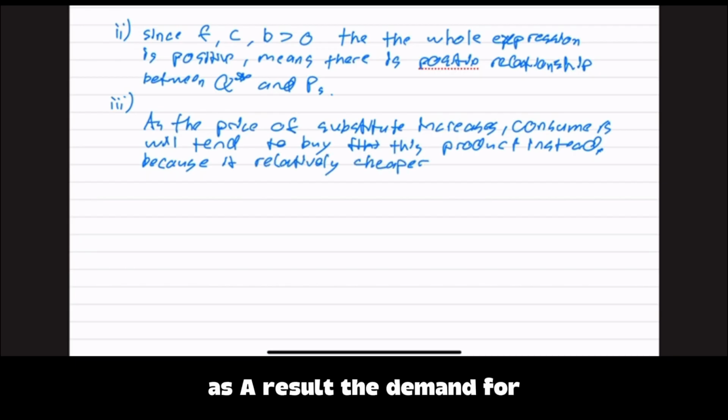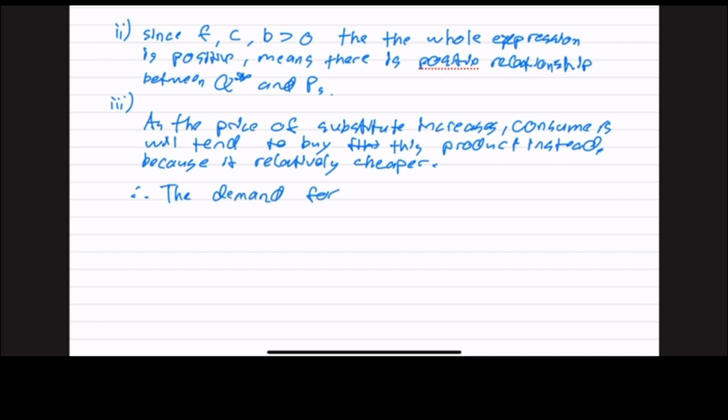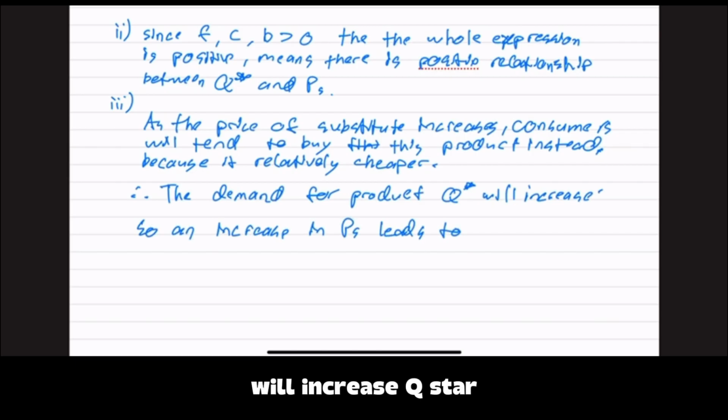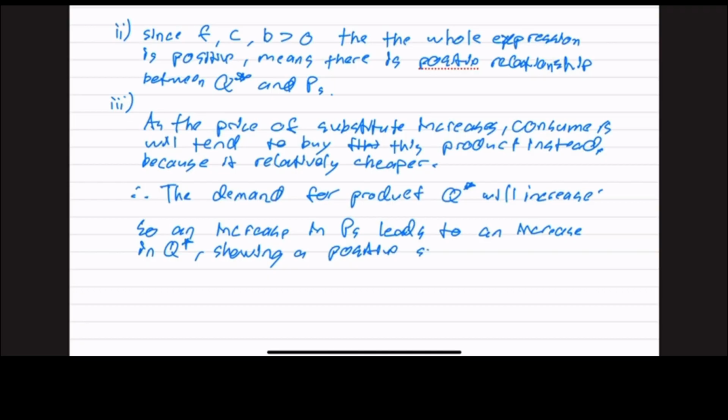As a result, the demand for product Q star will increase. So an increase in PS will increase Q star, showing a positive substitution effect.